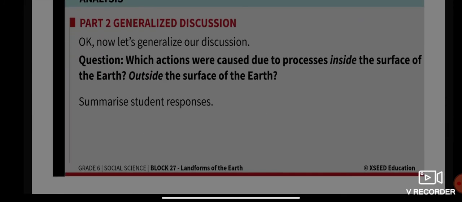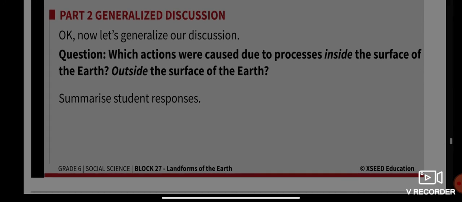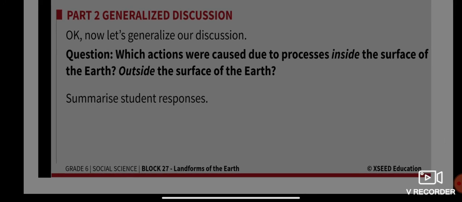Coming back to our generalized discussion. Which actions were caused due to processes inside the surface of the earth, and which actions were caused due to processes outside the surface of the earth?